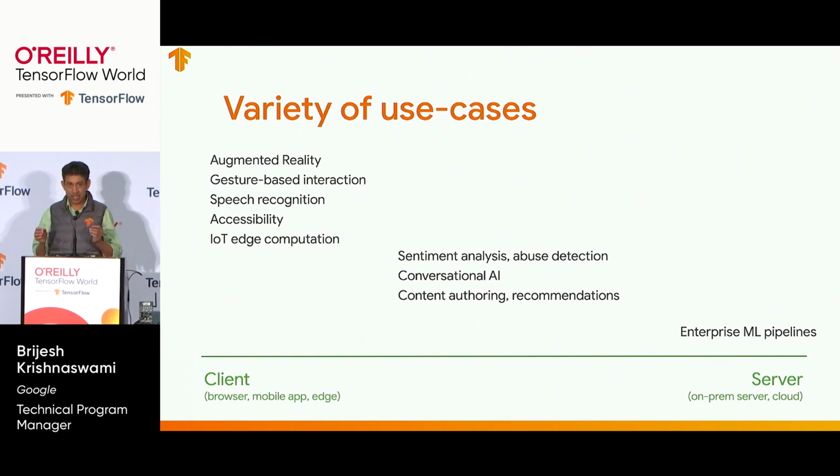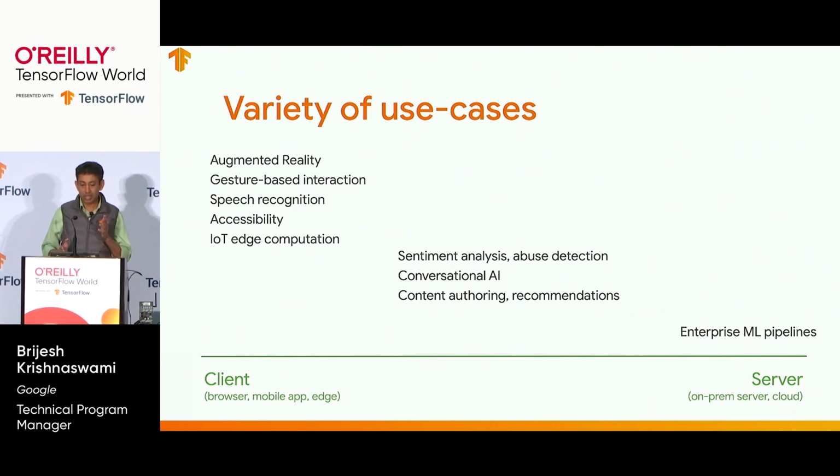So these attributes of the library enable a variety of use cases across the client-server spectrum. Let's take a look at some of those. On the client side, it enables you to build features that need high interactivity, like augmented reality applications, gesture-based interaction, speech recognition, accessibility, and so forth. On the server side of the spectrum, it lets you have your more traditional ML pipelines that solve enterprise-like use cases.